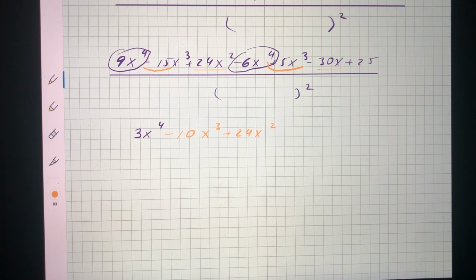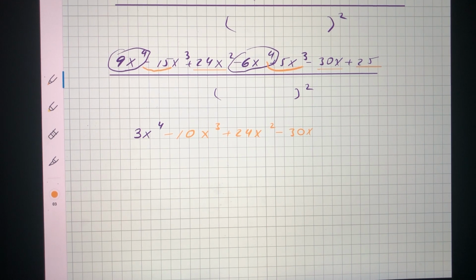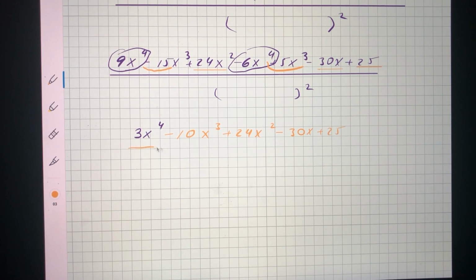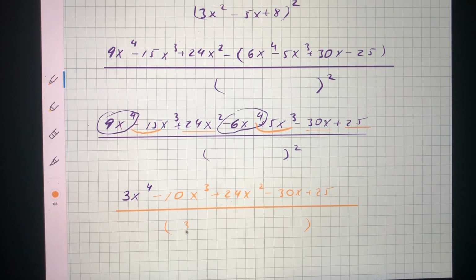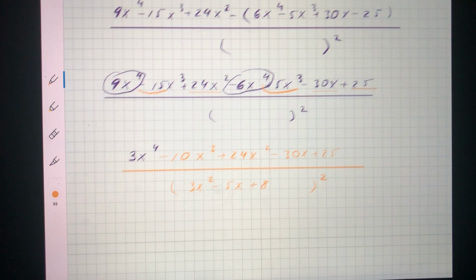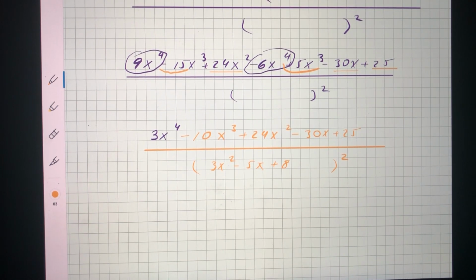There is one term with an x, minus 30x, one term with a constant, plus 25, and all divided by the bottom component squared, which is 3x squared minus 5x plus 8 squared. And that's the final answer in simplified version.